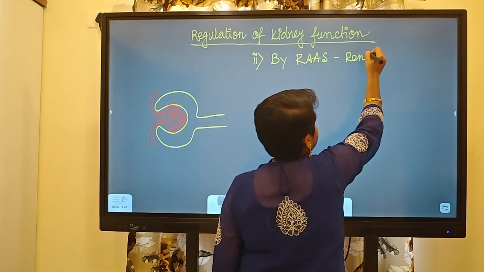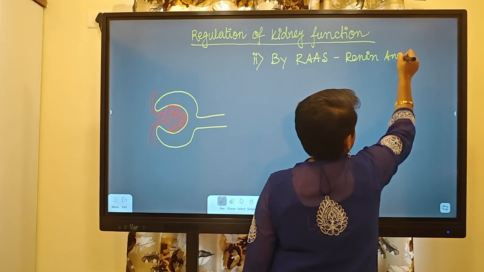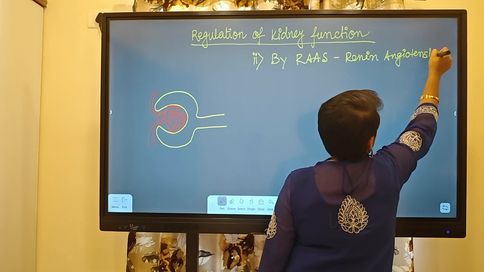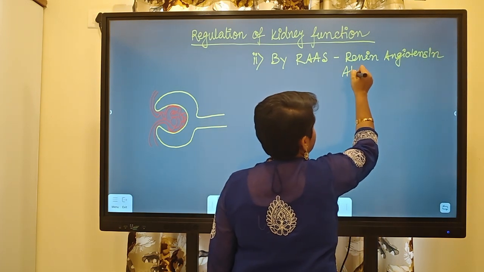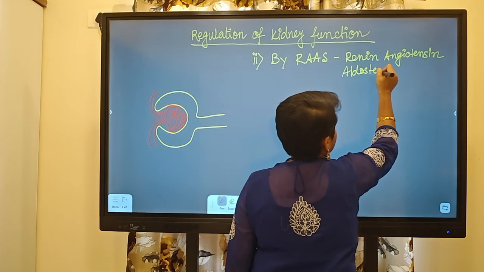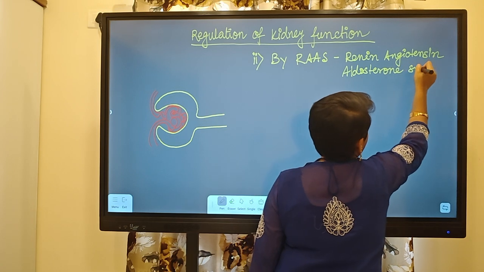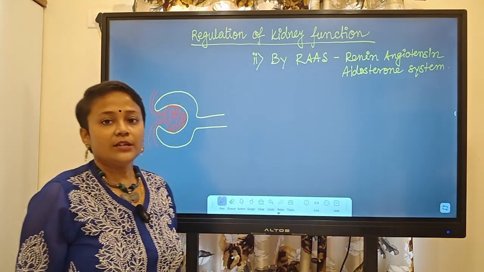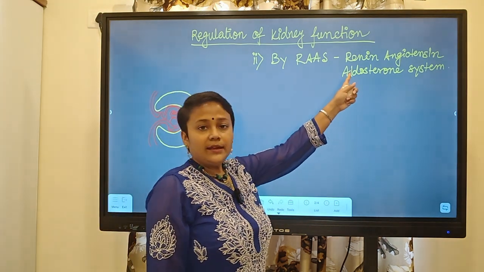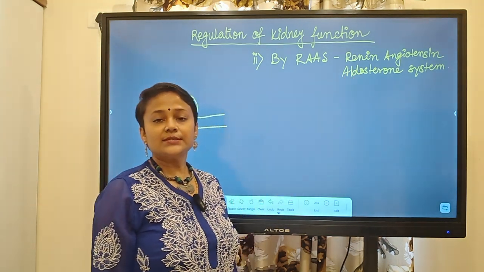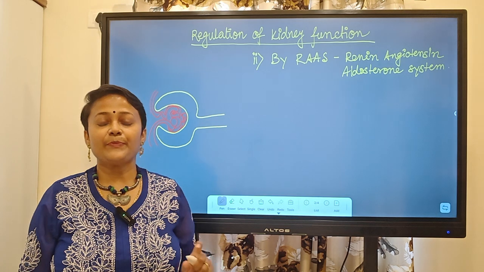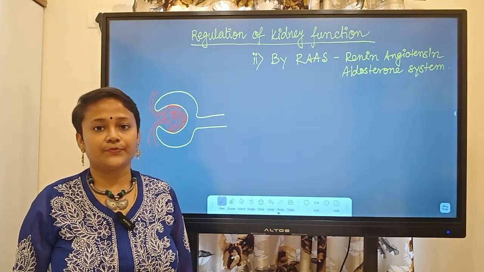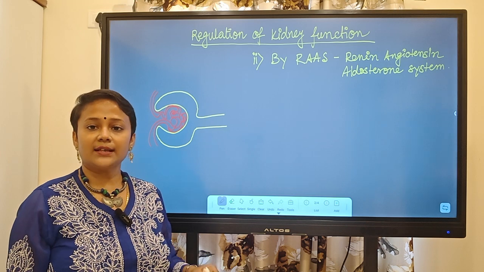Renin, angiotensin, aldosterone system, which is called RAAS. Now, renin is an enzyme which is secreted by special cells called juxtaglomerular cells. So juxtaglomerular cells, what are they?